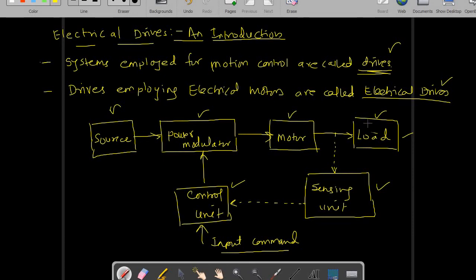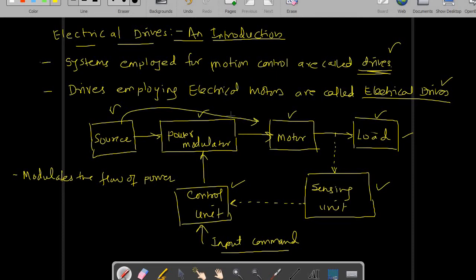Okay, and power modulator performs several functions. Now what are these functions that we will see one by one? The very first function of the power modulator is that it modulates the flow of power from the source to the motor.